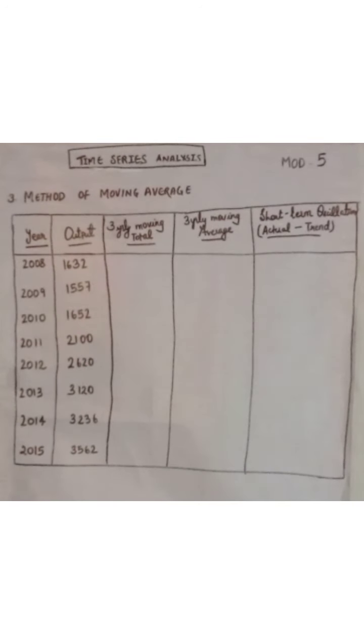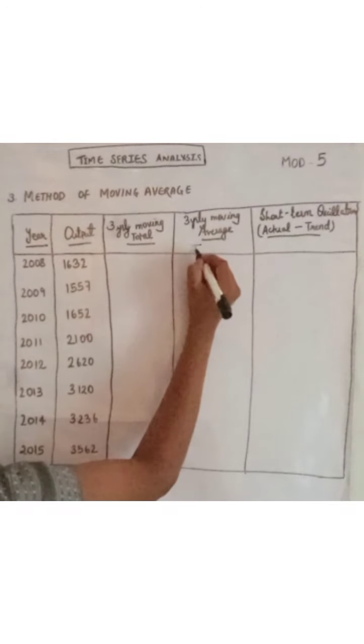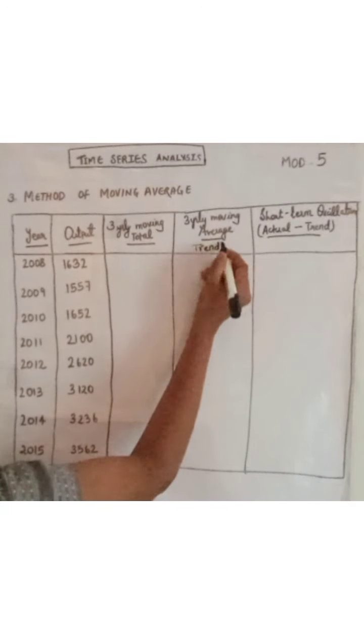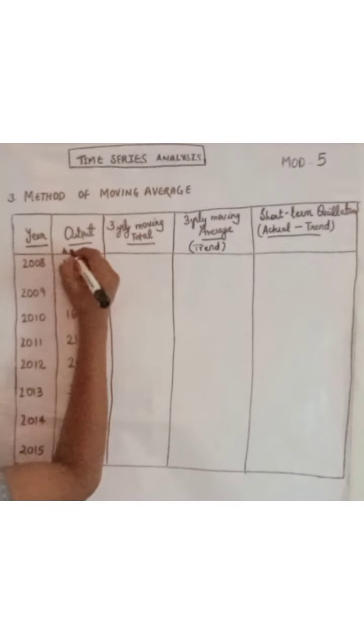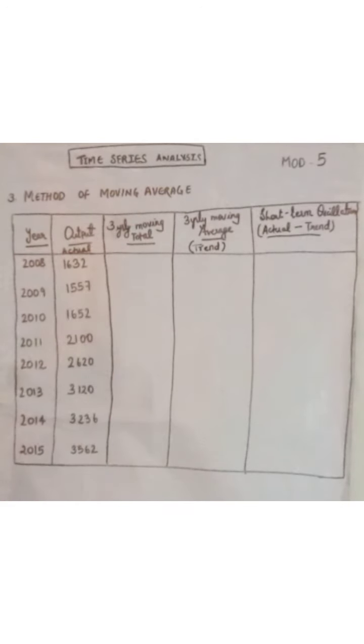We can call it changes. We find the difference between the actual and the expectation. That is called short-term oscillation. So we are calculating actual minus trend. Here our average is basically the trend, and our output is the actual because it is given to us. We are going to find the trend.